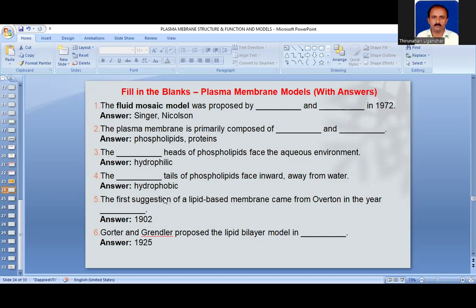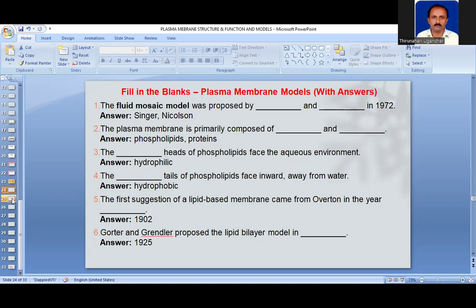Then the third one: the hydrophilic heads of phospholipids face the aqueous environment, and the hydrophobic tails of phospholipids face inwards. That is the differentiation.